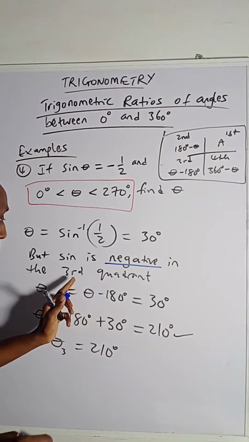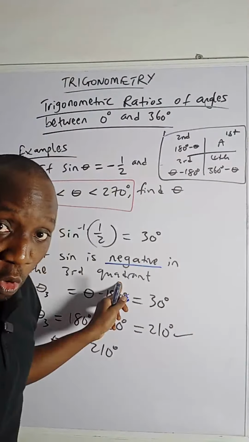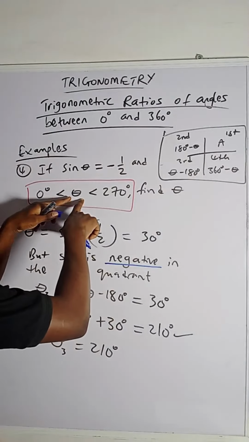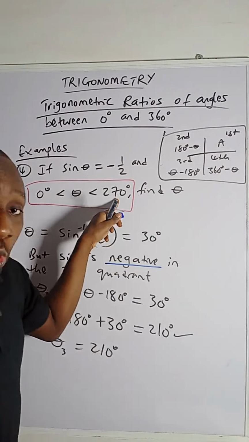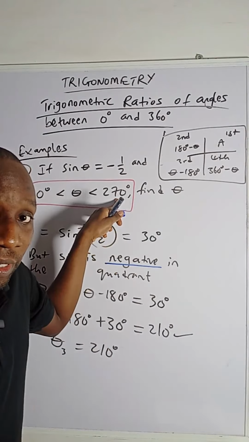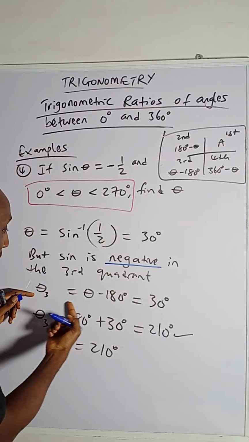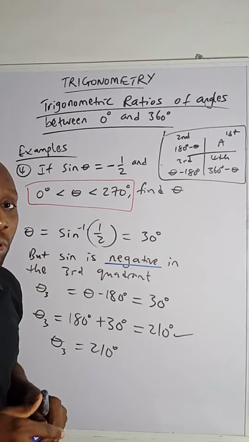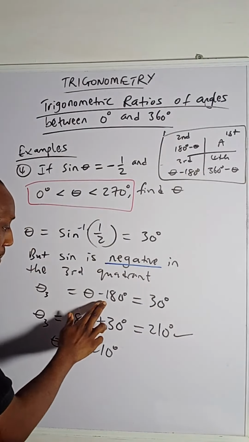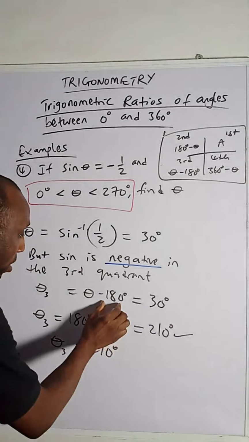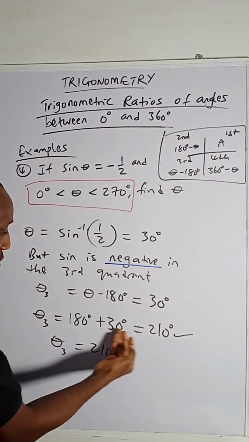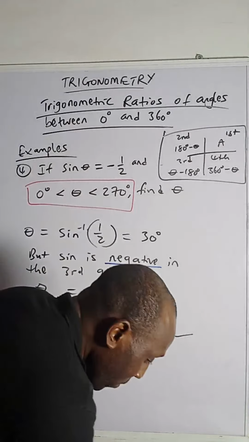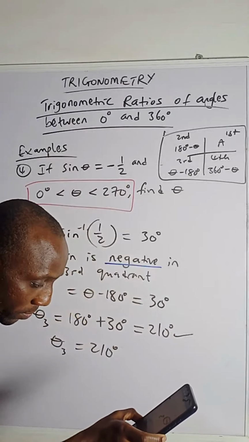It's negative in the third quadrant and in the fourth quadrant. But because the angle must lie between 0 degrees and 270 degrees, we had to get the angle that lies in the third quadrant. And this is the formula, theta minus 180 degrees. You take this over and add, which gives us 210 degrees. I hope I was able to answer your question.